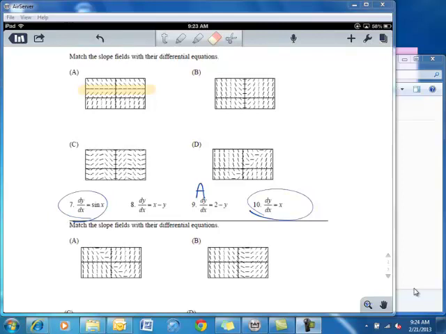So then how do you think you can make a distinction between 7 and 10 as compared to matching it up with B? You can see kind of a parabola-looking shape. If it were just x, it would be like a cross: slope 1, slope 2, slope 3.